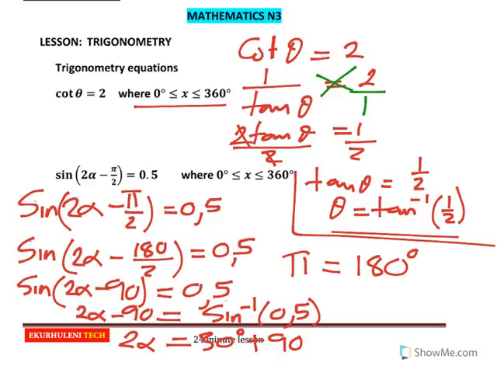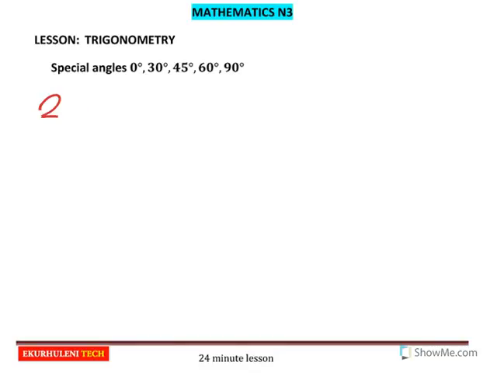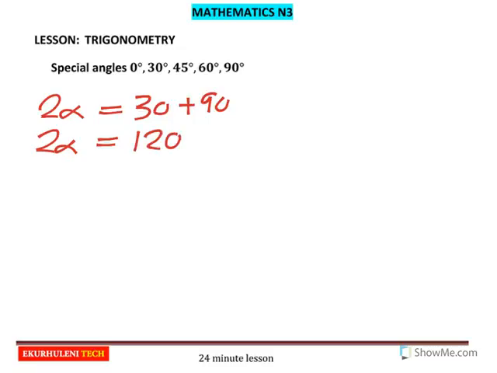If I can finish it up, 2 alpha is equal to 30 plus 90, which is 120 degrees. I divide both sides by 2, so I'm going to have alpha is equal to 60 degrees.